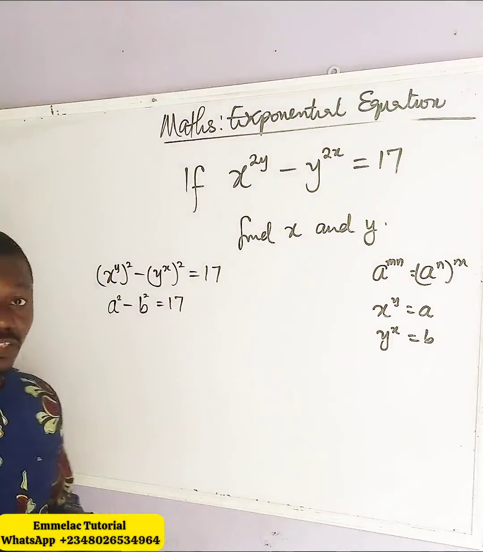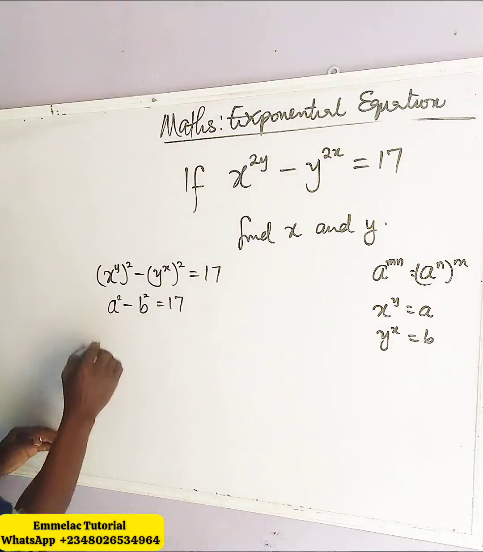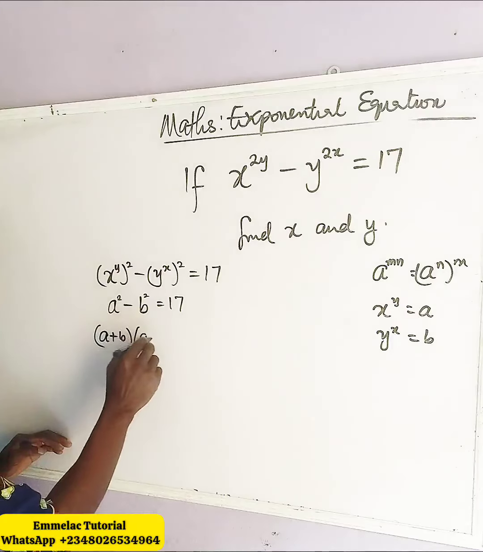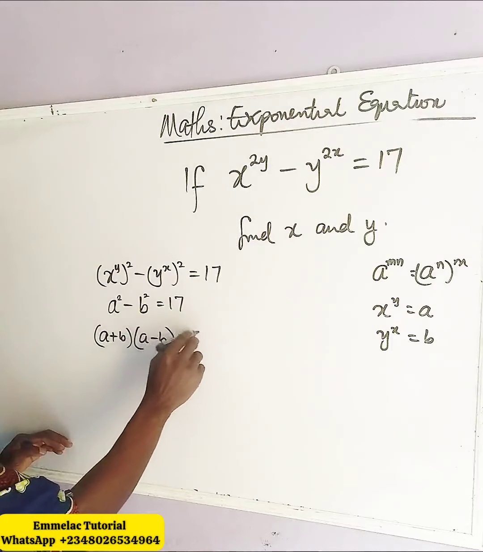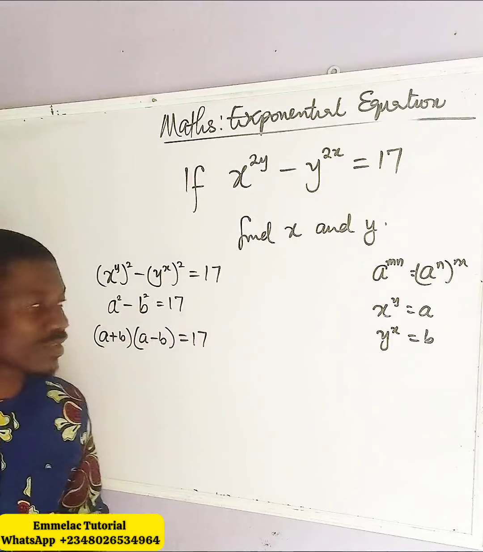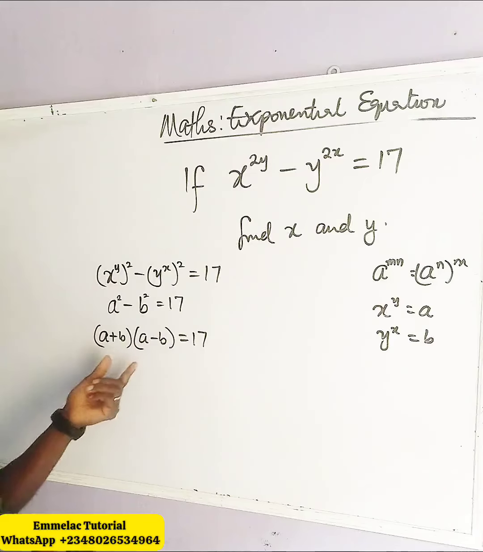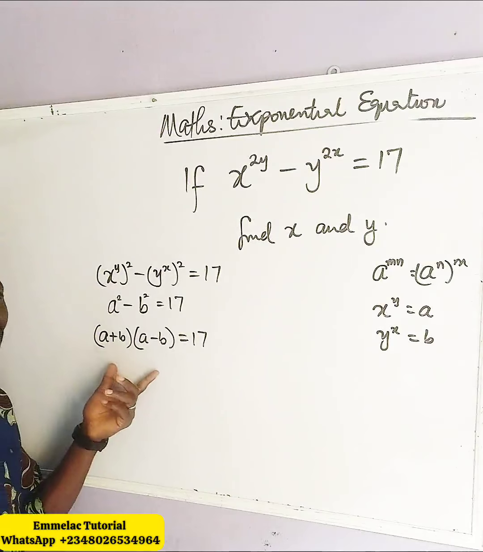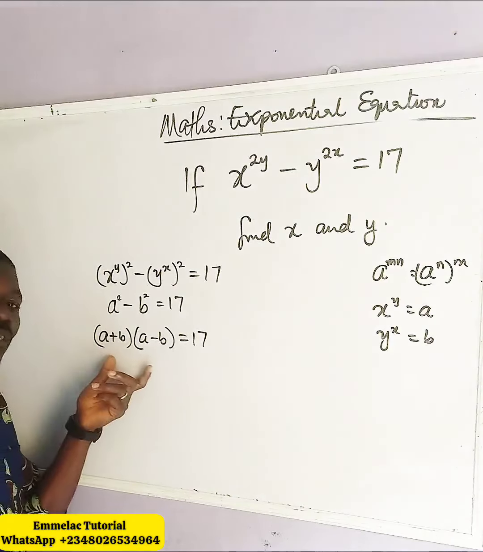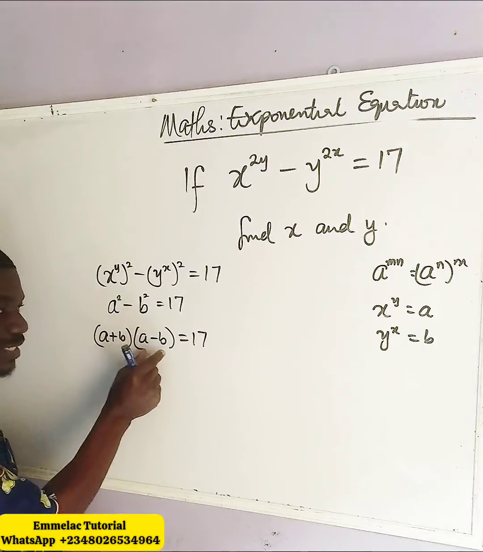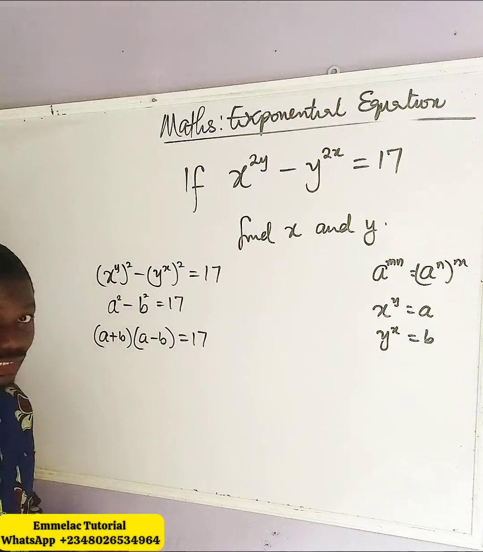So applying the difference of 2 squares here, this will give us a plus b into a minus b, then equals 17. Okay, because the difference of 2 squares according to the algebraic law will give us this. Now looking at this term here, the left hand side shows that when this term multiplies by this term, it gives us 17.